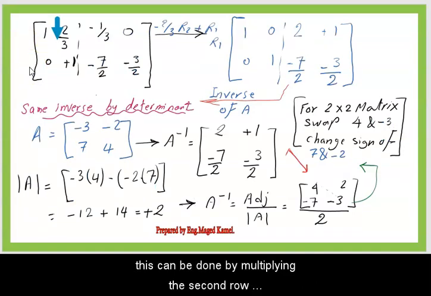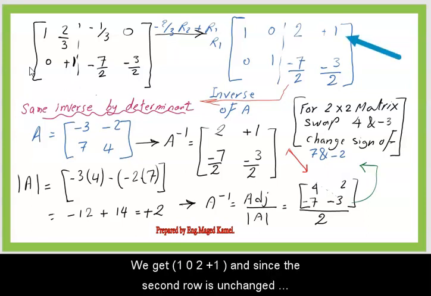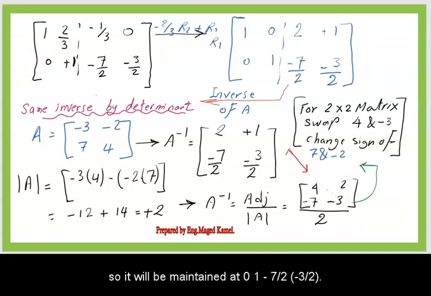This can be done by multiplying the second row, which is 1, by minus 2 over 3, and we add the value to the first row R1. We get 1, 0, 2 plus 1. And since the second row is unchanged, it will be maintained as 0, 1, minus 7 over 2, and minus 3 over 2.